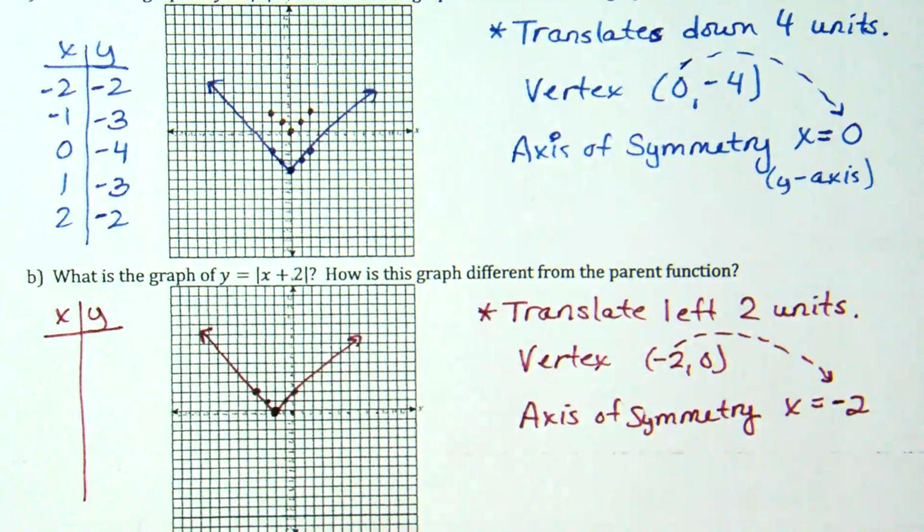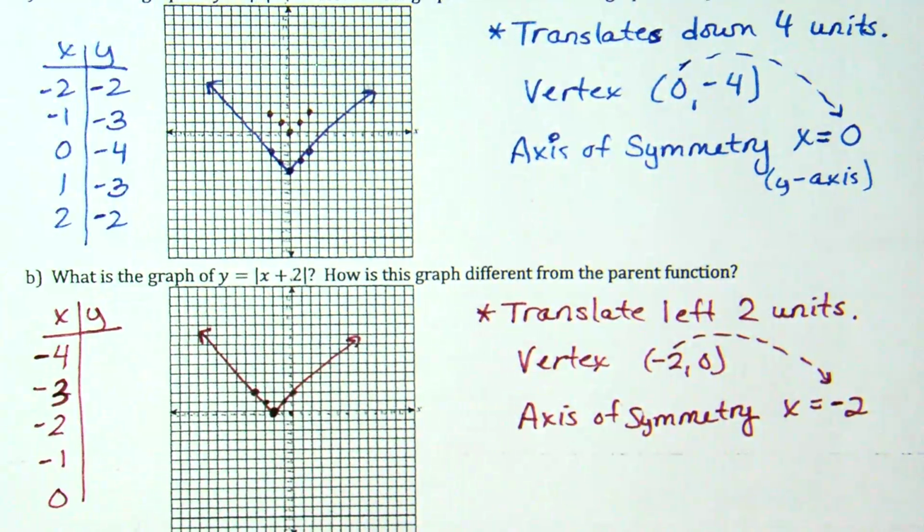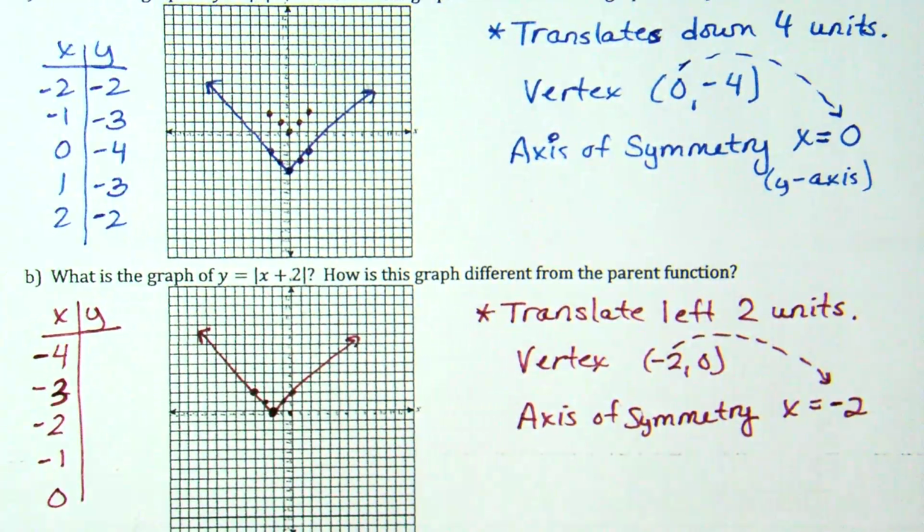So instead of starting at -2, where should I really start? -4. And do -4, -3, -2, -1, and 0. If you only use -2 to +2, you're going to get a straight line.